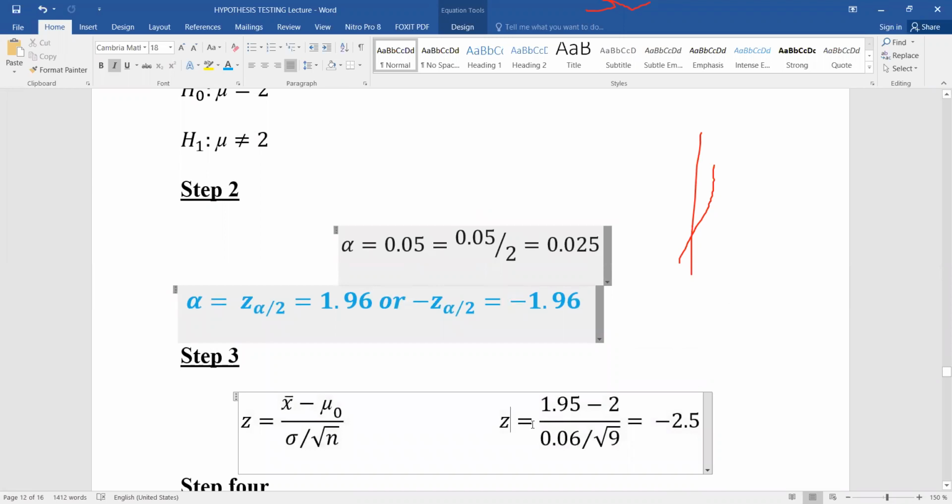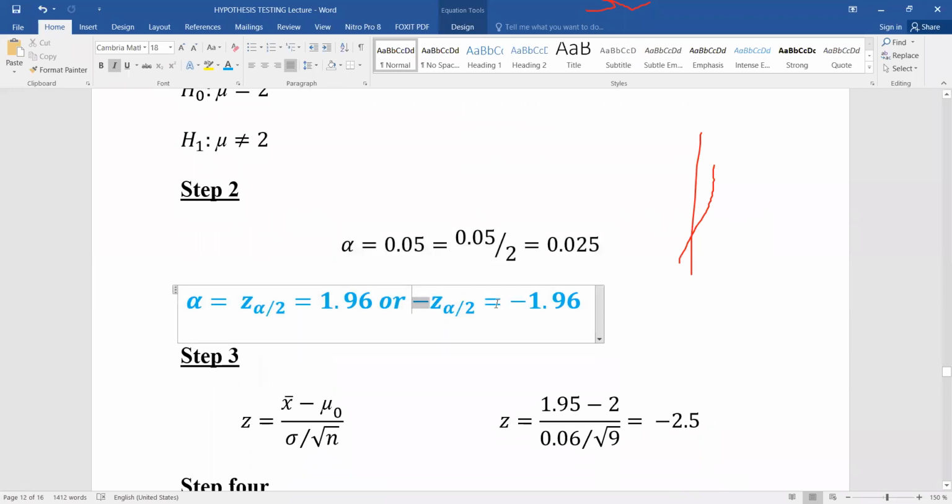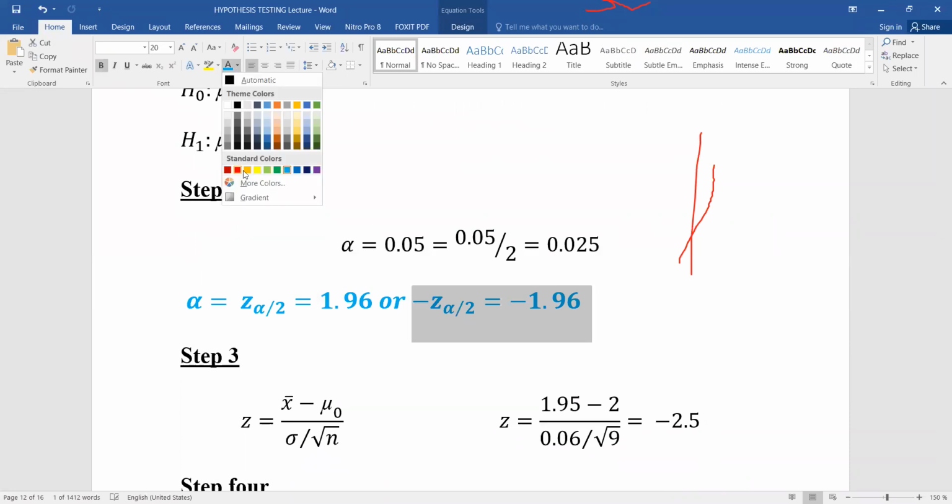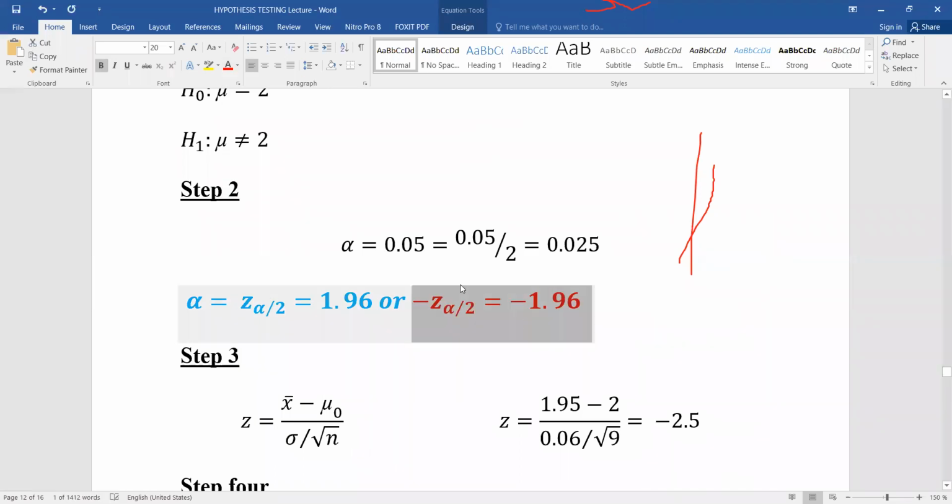Now, when you calculate your answer and you've gotten a negative value, you need to compare it with the negative value from the table.